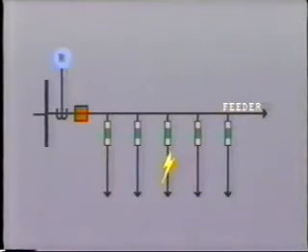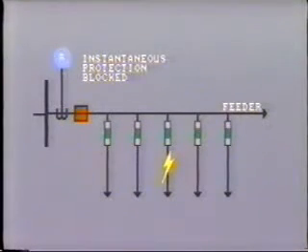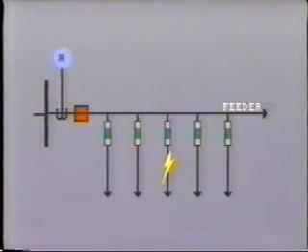If the fault remains on, that is a permanent fault, the breaker will not trip the second time as the instantaneous protection is now blocked. The second attempt at reclosing is delayed sufficiently for the local fuse to operate and clear the permanent fault. Again, you'll remember we discussed this when we looked at coordination in an earlier tape.